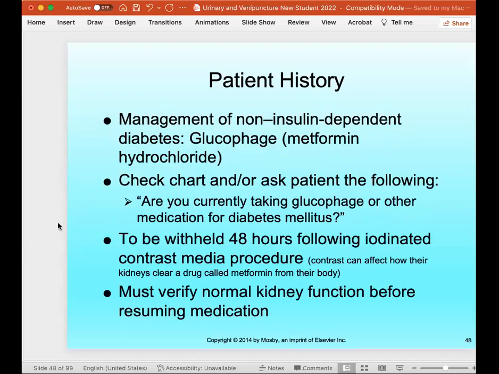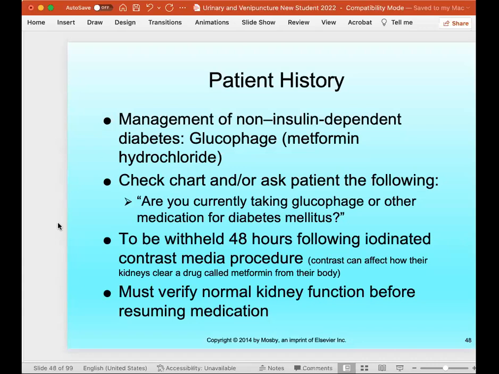Now, you also want to check your patient's history to know if they're taking Glucophage, also known as metformin. Okay, so you want to ask, are you currently taking Glucophage or other medications for diabetes? You want them to withhold metformin or Glucophage 48 hours following the contrast media procedure.